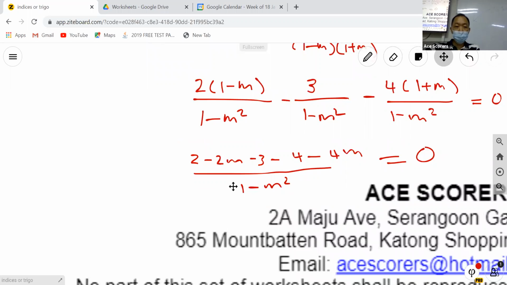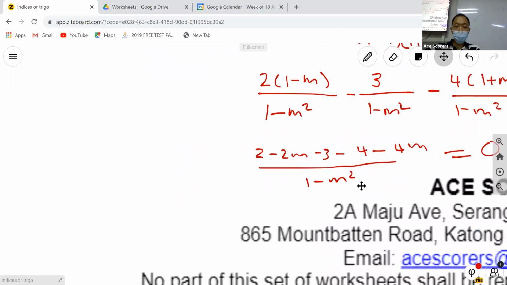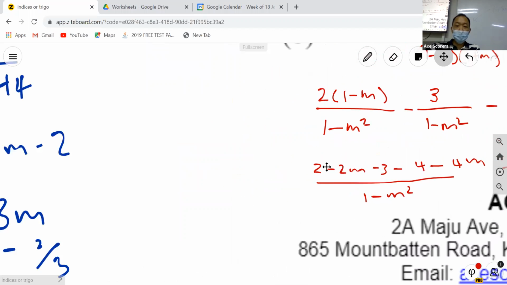So 2 minus 3 minus 4: 2 take away 3, take away 4, so it's minus 5. And then minus 2m minus 4m is minus 6m, over 1 minus m squared equal to 0.